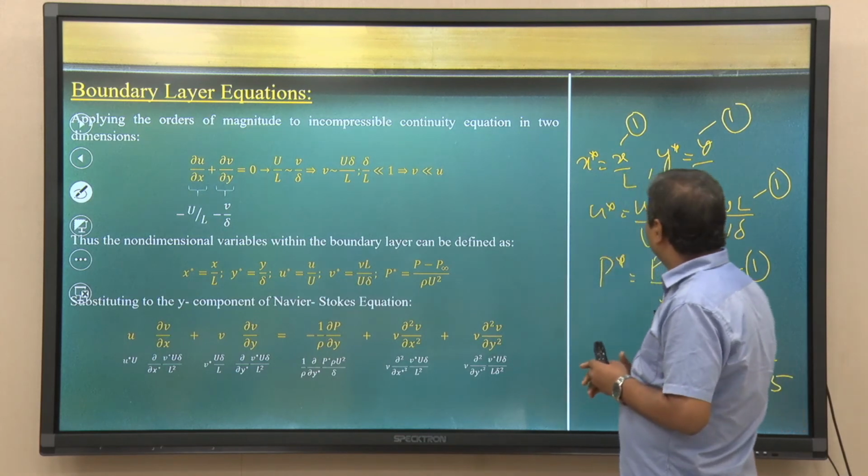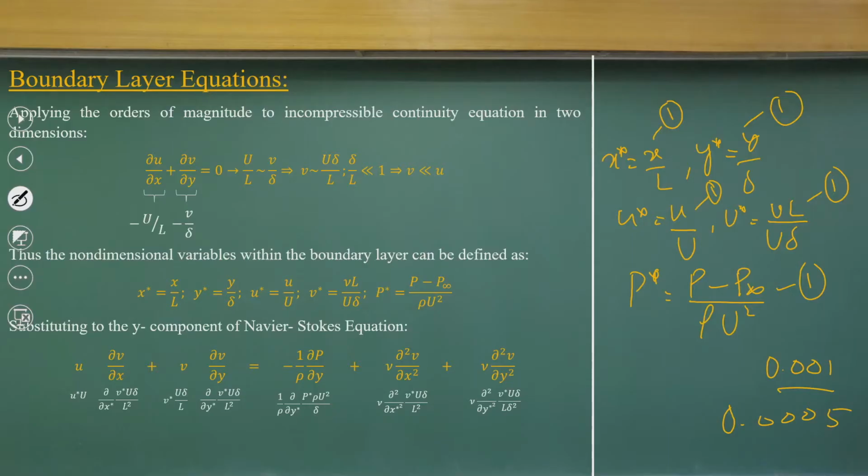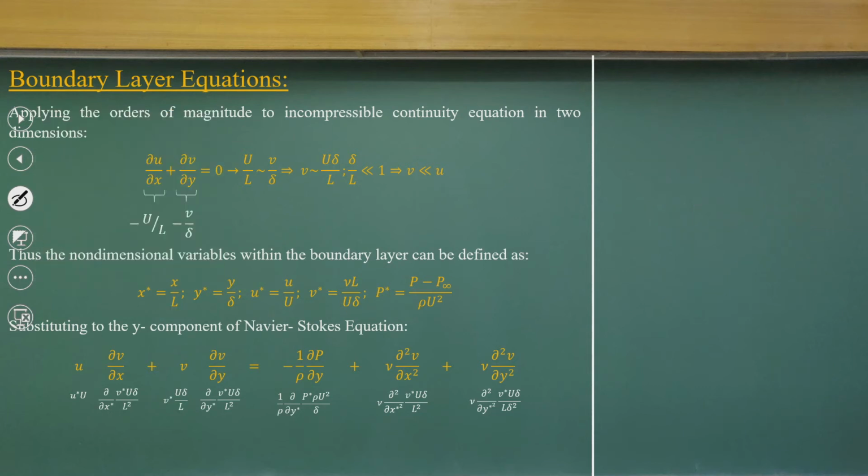Now, we are using these terms as I rewrote them on the board. If I substitute them again into the y component of the Navier-Stokes equations, that is what it will become. As we have neglected terms, I can write u dv by dx, because we are talking about the y component.